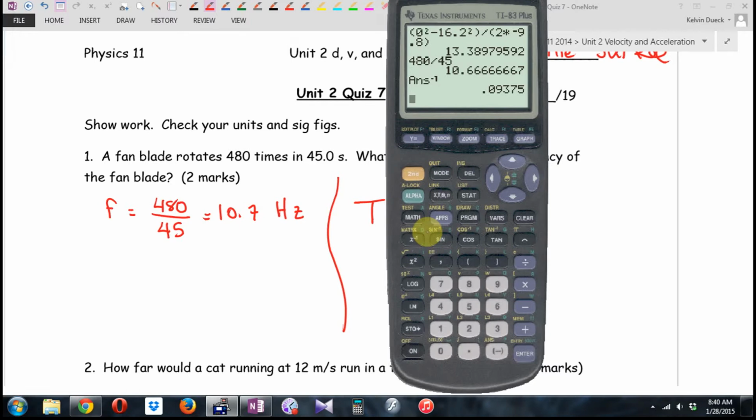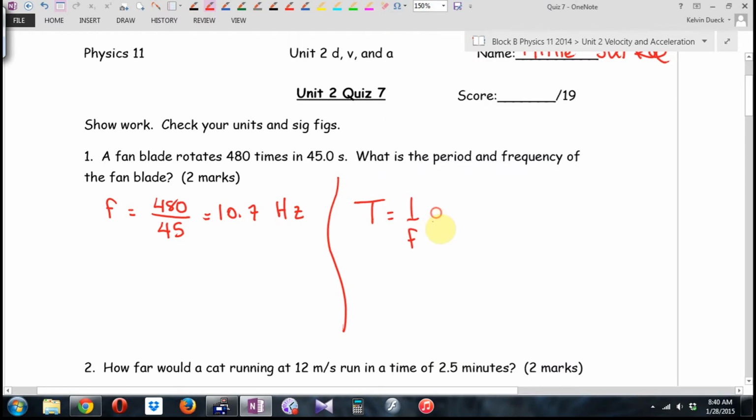And the period is 0.09375. Or you could have gone 45 divided by 480, because period is how long it takes to do it once. So if it takes 480 seconds to do it 45 times, if you divide, you also get 0.09375.